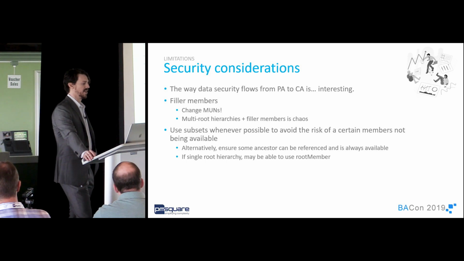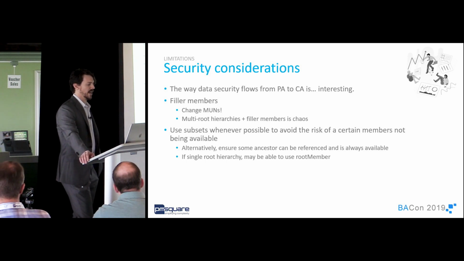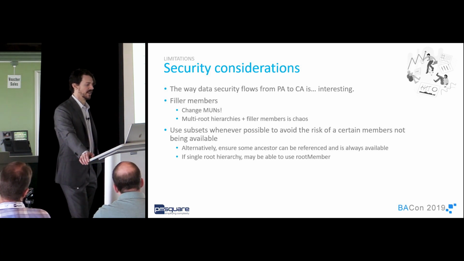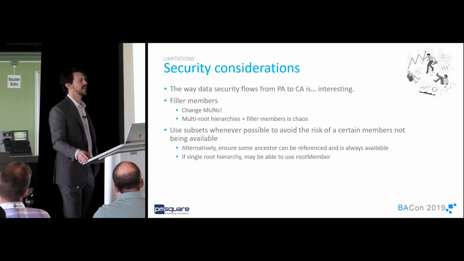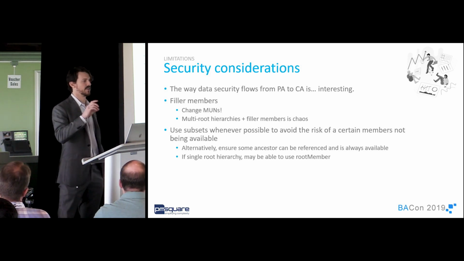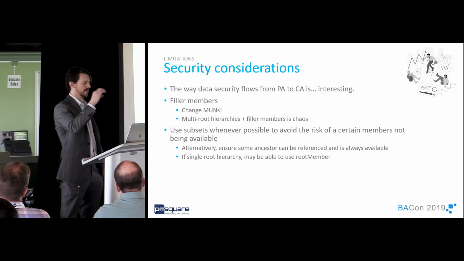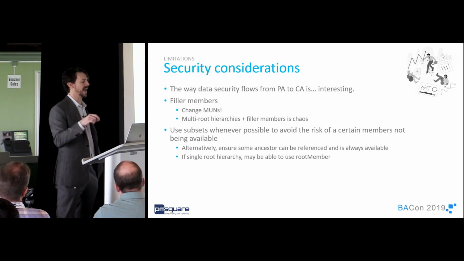Okay, security considerations. I'm going to be generous here and say that the way that data security flows from Planning Analytics to Cognos Analytics is interesting. It can be a little bit challenging to code for. There's something called filler members that show up. If a user doesn't have access to a certain member, there'll be a filler member that fills in that gap.